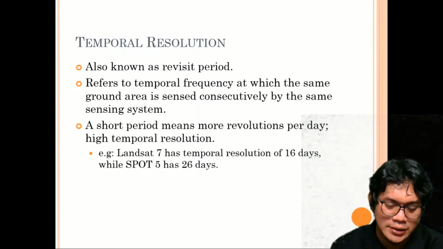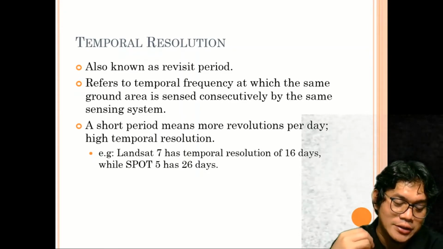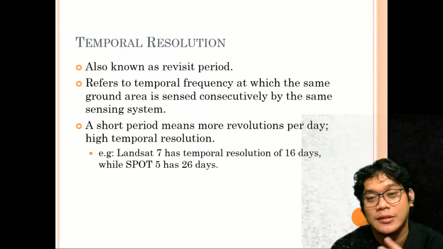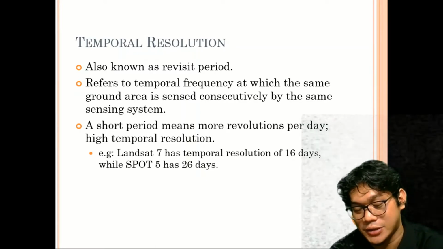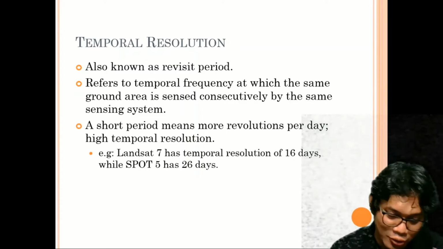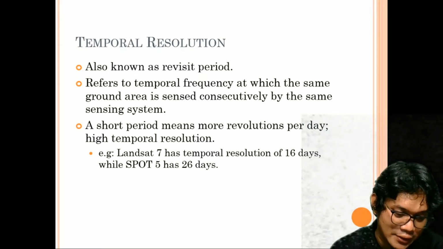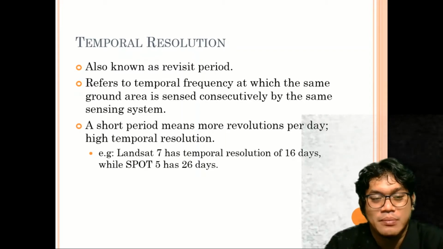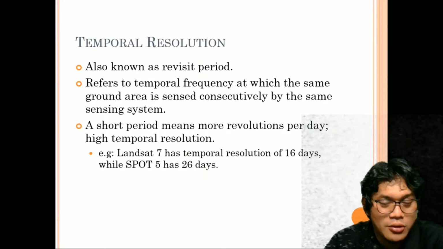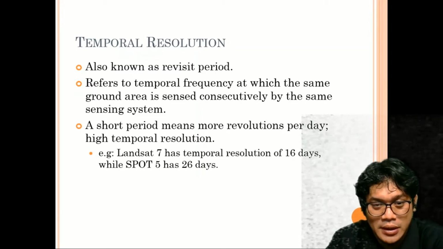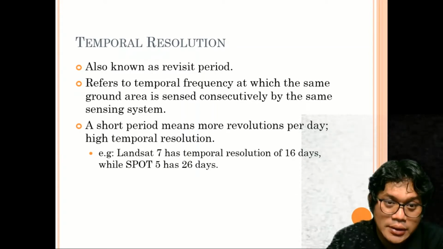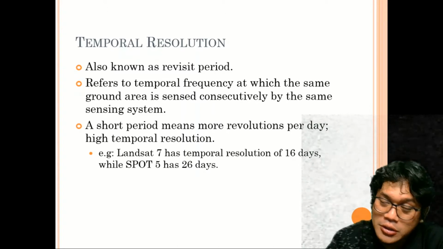Over a certain period, the satellite will eventually go to the same place, take the photos, and then you can get the images. So basically, it's quite a fixed date. That's why a shorter period means a higher resolution, and different satellites might have different temporal resolutions.